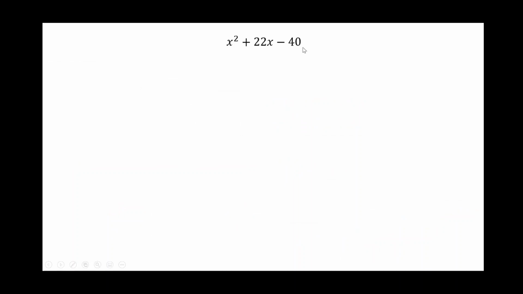So you could do sum product, or I'm going to proceed with my crisscross method. So list factors of the first term. So 1x times 1x is x squared. List factors of 40. So 1 divides in, 2 divides in, 3 doesn't, skip. 4 divides in, 5 divides in, and then 6 doesn't, 7 doesn't, and then 8 is already on the list.